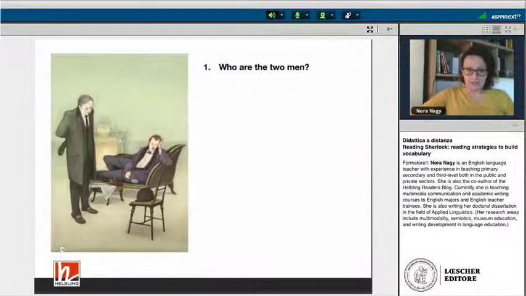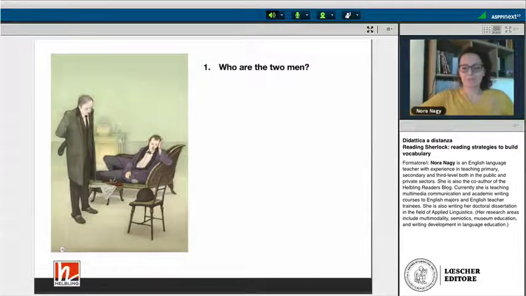So we will start reading soon. Before that, let's look at the illustrations, because it will help us activate some of the vocabulary and imagine what might happen in the first chapter.